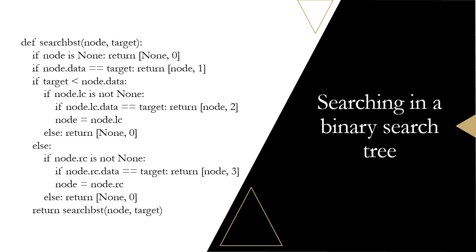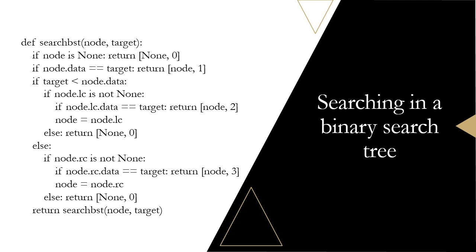But suppose that the left child does not contain target. Then we update node to the left child of the node. If the left child is altogether not present, then we return none, 0. Again, this means that the search is unsuccessful.